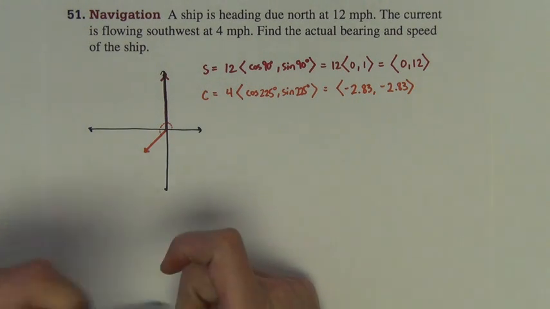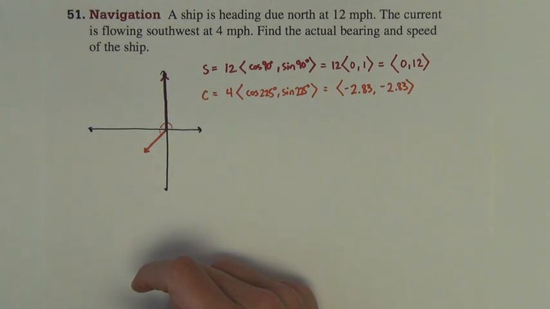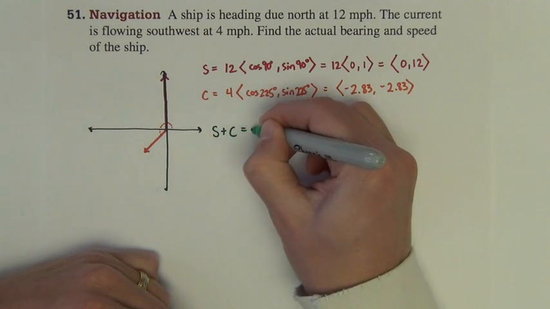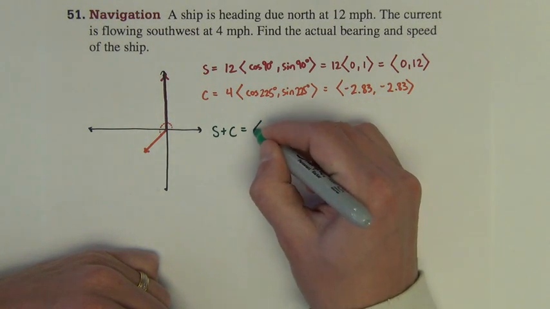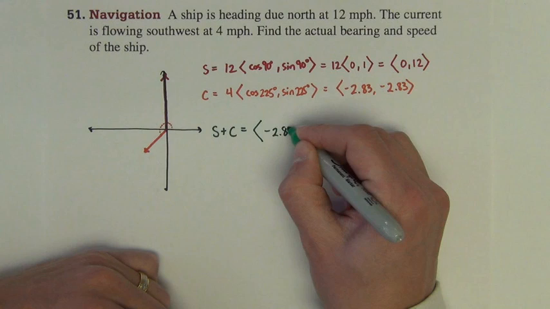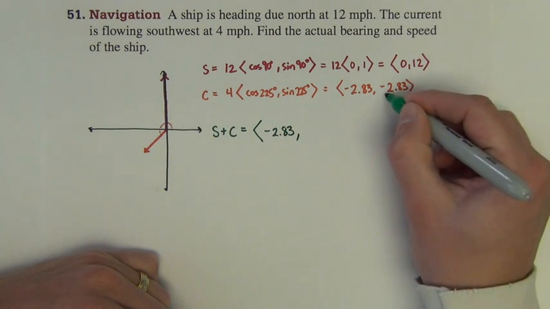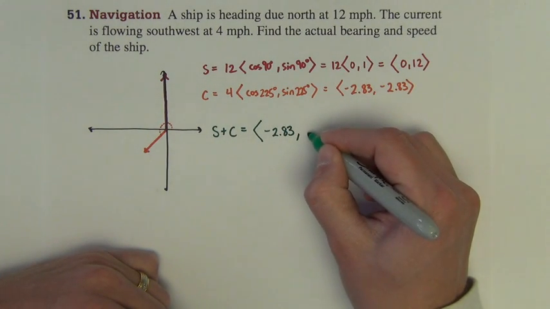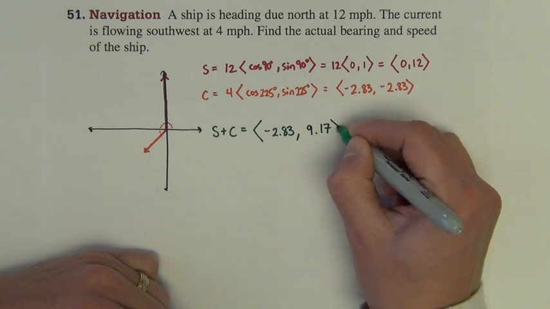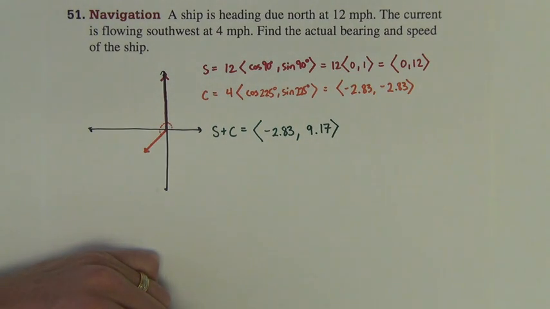Okay, so there's the ship's vector and there's the current's vector. Now we want to find the actual bearing and speed of the ship. In order to do that, we need to find the resultant vector of the ship and the current. So we're going to add them together. 0 plus negative 2.83 is negative 2.83. And 12 plus negative 2.83 is 9.17.